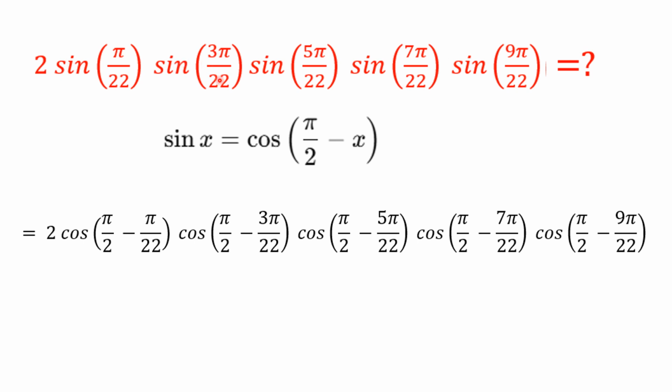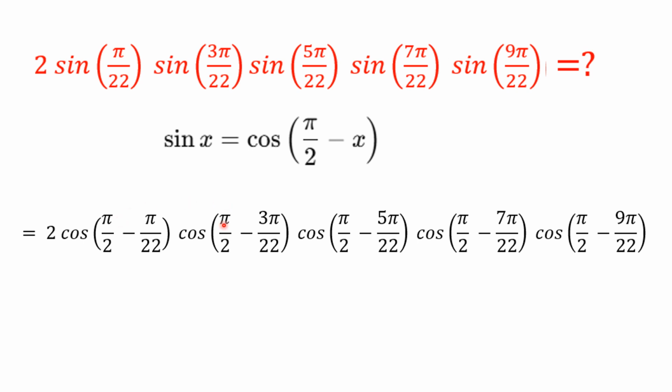Similarly, sin of 3 pi by 22 becomes cos of pi by 2 minus 3 pi by 22, and sin of 5 pi by 22 becomes cos of pi by 2 minus 5 pi by 22, and sin of 7 pi by 22 becomes cos of pi by 2 minus 7 pi by 22, and sin of 9 pi by 22 becomes cos of pi by 2 minus 9 pi by 22.